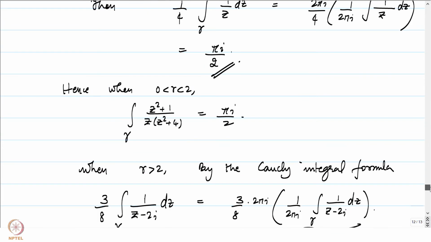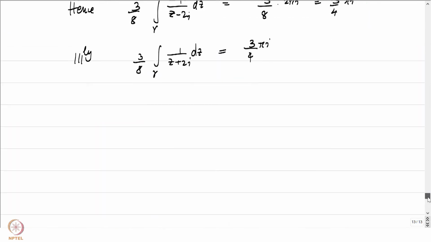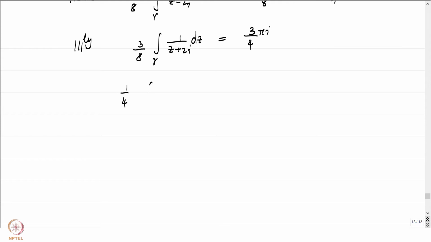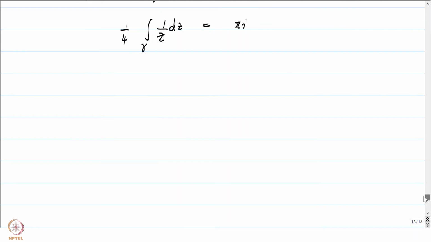The argument for 1 by z over gamma is not going to change, and therefore 1 by 4 times the integral over gamma of 1 by z dz will continue to be equal to, what did we calculate, pi I by 2 or pi I by 4? That's going to be pi I by 2.